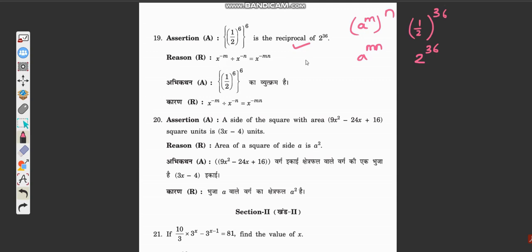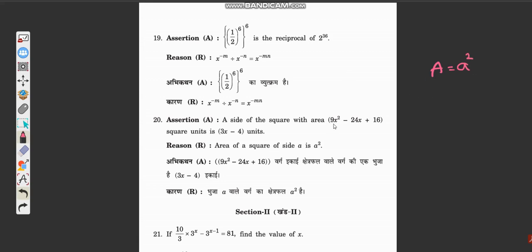x power minus m by x power minus n, we can write as x power minus m minus of minus n. We cannot common like this. So this is wrong. So assertion is true. Reason: side of a square with area 9x square minus 24x plus 16 square units. See, area of a square formula is a equal to side square.